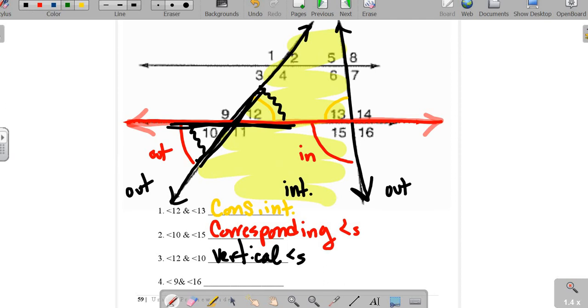Nine and 16. 9 and 16 are on opposite sides of the stir stick. So we know it's alternate. Alternate means opposite sides. And exterior, because they're not between the lines, they're outside, so we'd call that alternate exterior angles.